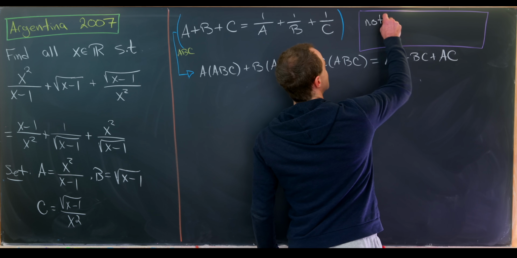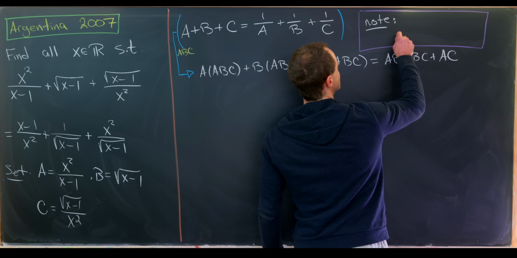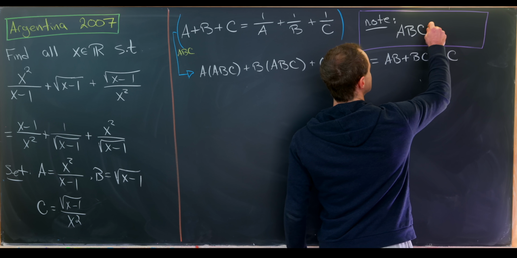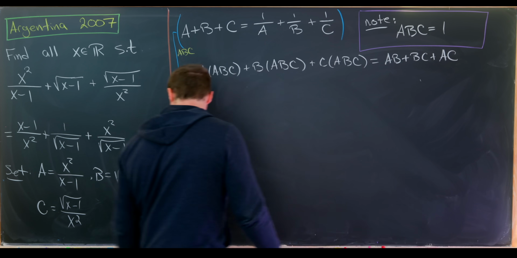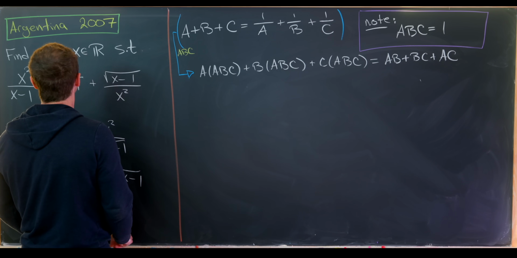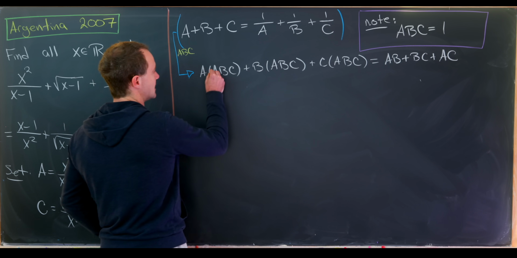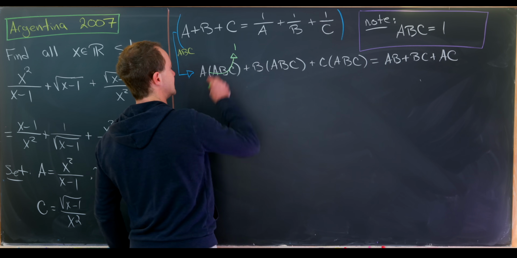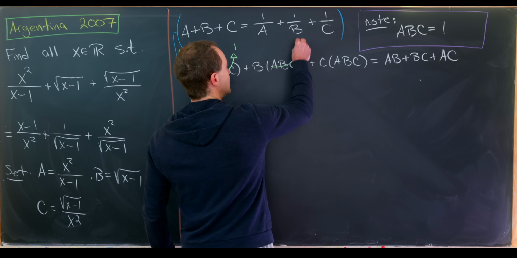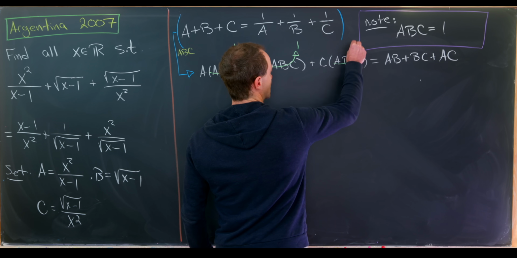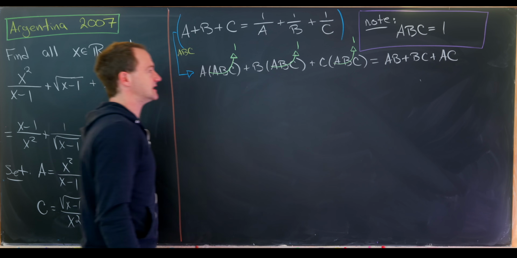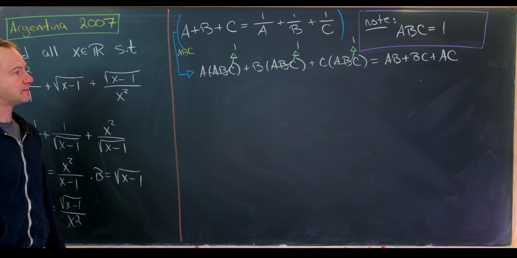So that gives us the following observation. A times B times C equals the number 1. So that means that here, this A times B times C is simply the number 1. This A times B times C is 1. And this A times B times C is also 1.